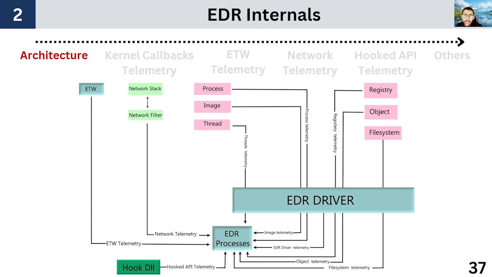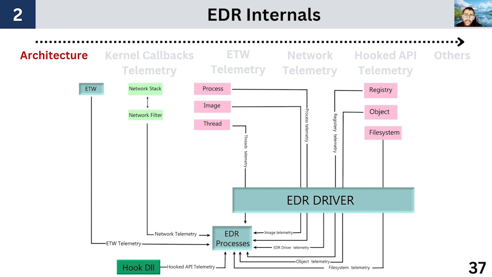These callbacks provide detailed telemetry: process telemetry like command line arguments, parent-child relationships and privileges; thread telemetry like thread context and scheduling information; image telemetry like DLL and driver loading events; registry telemetry like changes to sensitive registry keys; object telemetry like interactions with kernel objects; and file system telemetry like file access, creation, and modification events.